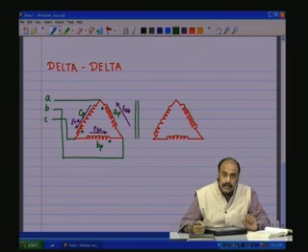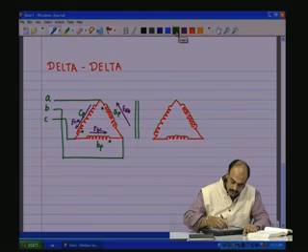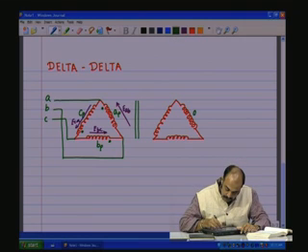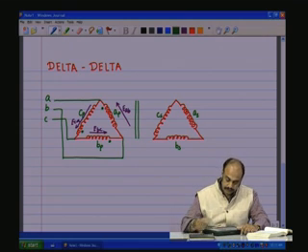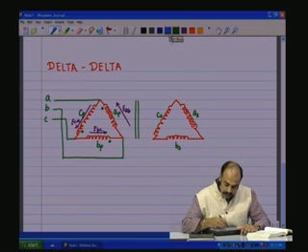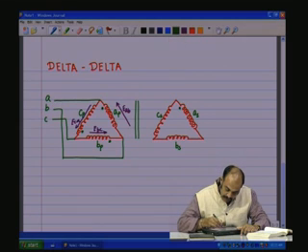Now, for the secondary, we have the AS coil, the BS coil and the CS coil. And let us say the dot polarities are in this fashion as shown.